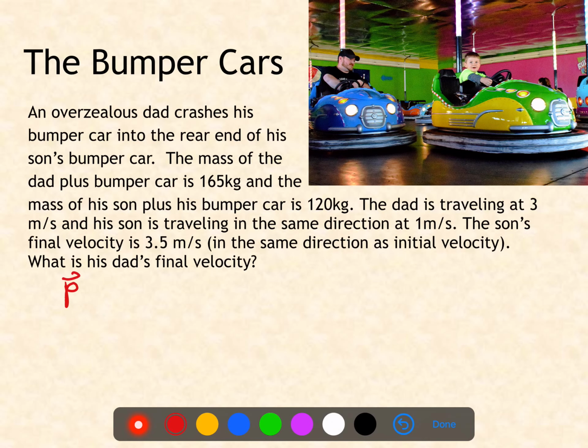Conservation of linear momentum tells us that the initial momentum of the system should equal the final momentum of the system. We're all in 1 dimension here, so we just need to add up these momenta. In the initial state, the dad is traveling at 3 meters per second and the son is traveling at 1 meter per second.